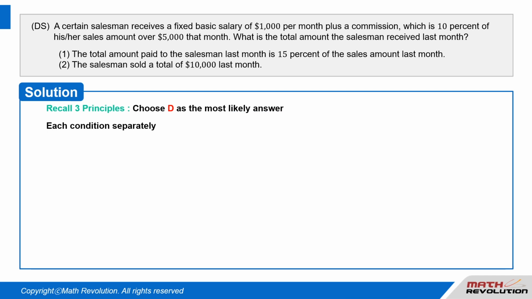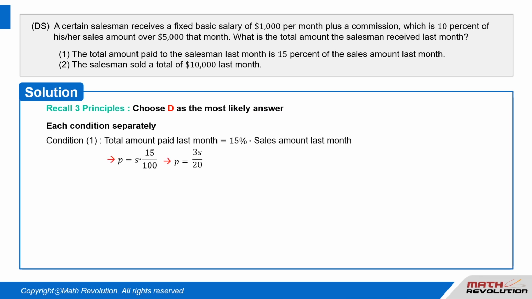Let's take a look at each condition. Condition 1 tells us that the total amount paid to the salesman last month was 15% of the sales amount last month. That is, P equals S times 15 over 100. This can be simplified to P equals 3 times S over 20. The equation from the original condition contains S over 10.